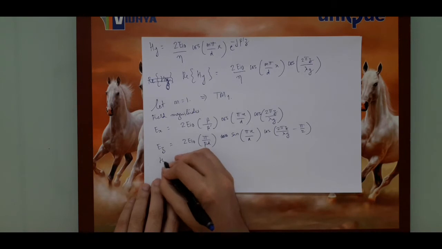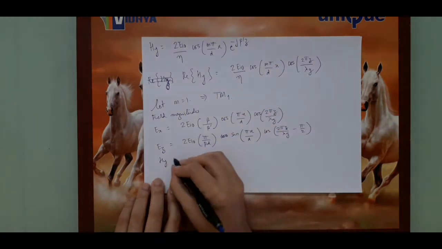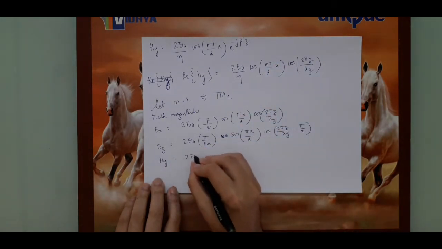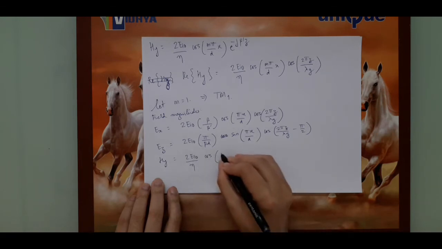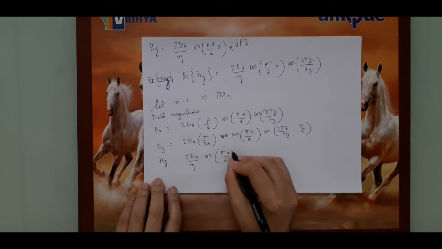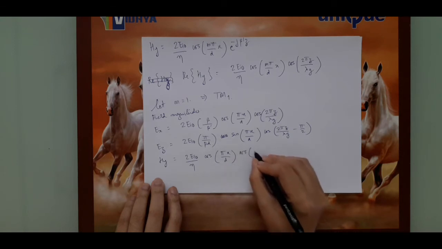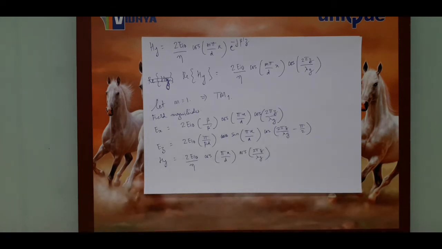And Hy, simply substitute m as 1, and that's all we need. That's 2 E_i0 by eta cos pi x by d times cos of 2 pi z by lambda g. That's all there is.